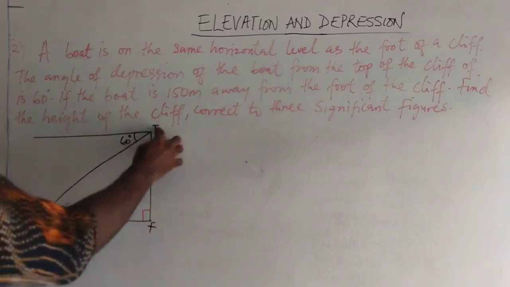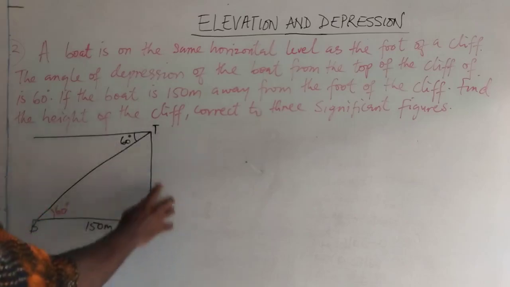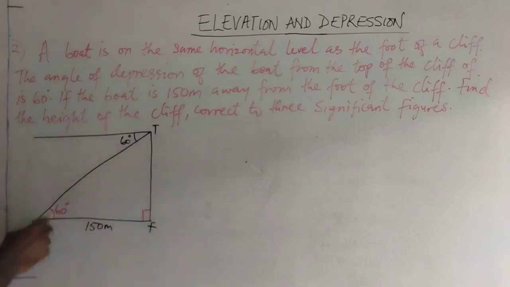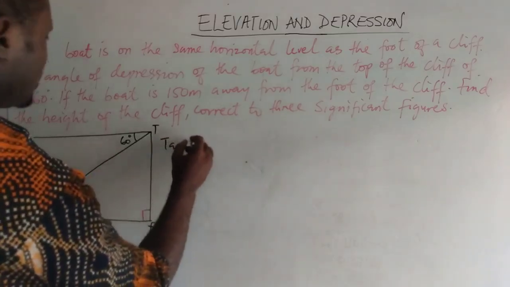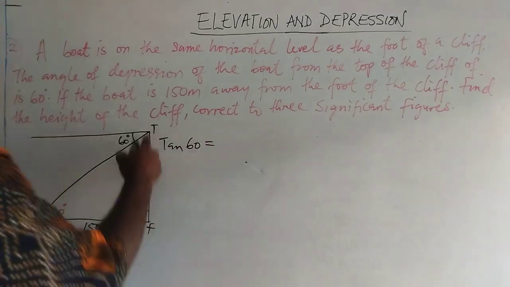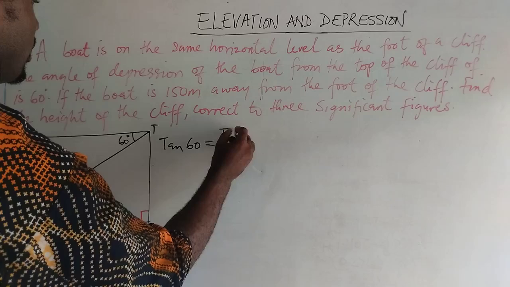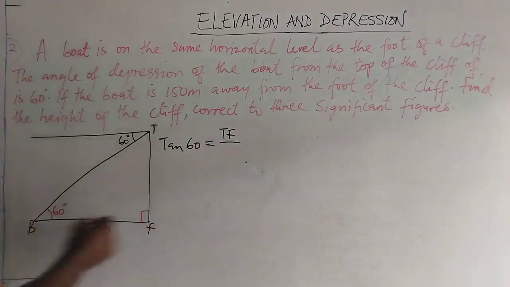The height of the cliff, which is TF, is opposite to this angle, while the distance, 150, is adjacent to this angle. With that, we are going to use tan to solve the question. tan 60 is equal to opposite TF over adjacent, which is 150.